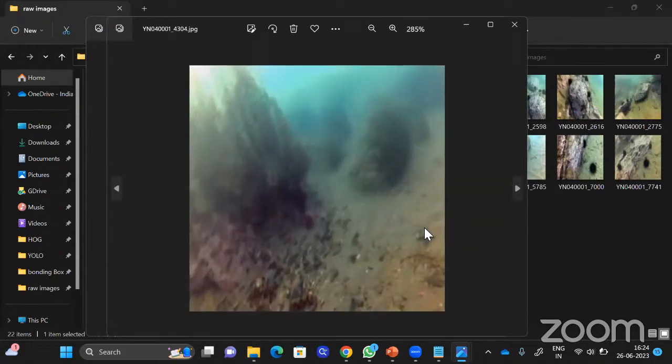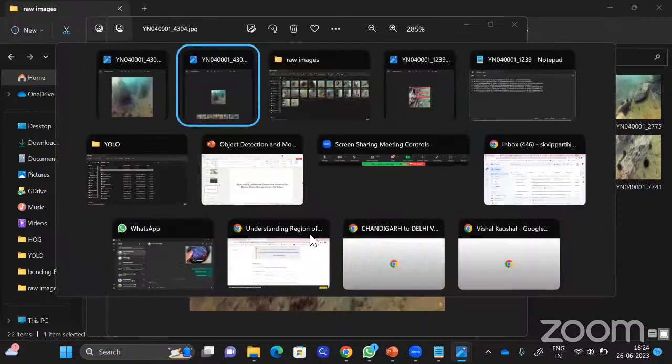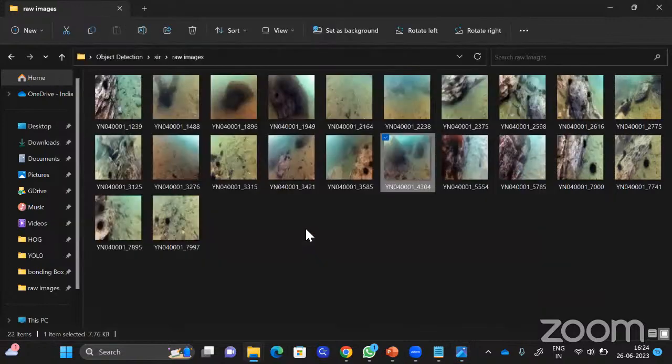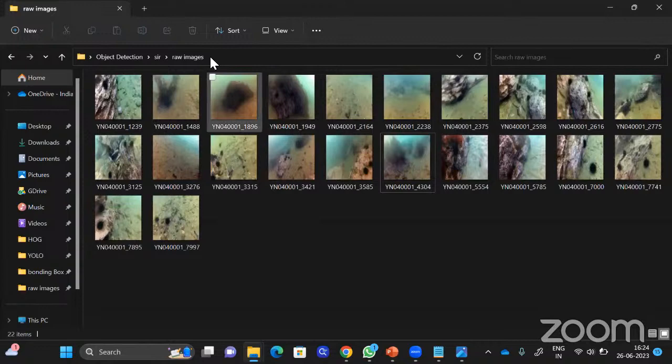As you can see, there are a few starfish we can easily detect here, but when it is an underwater image, it's very difficult to detect properly. So some basic pre-processing is required to detect them.